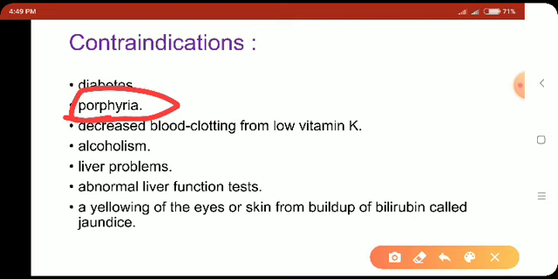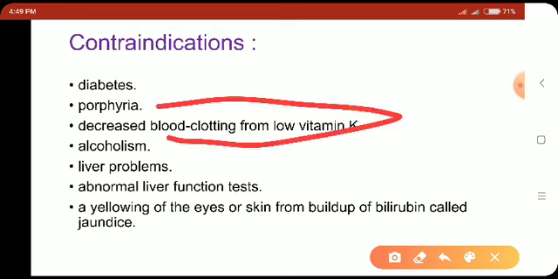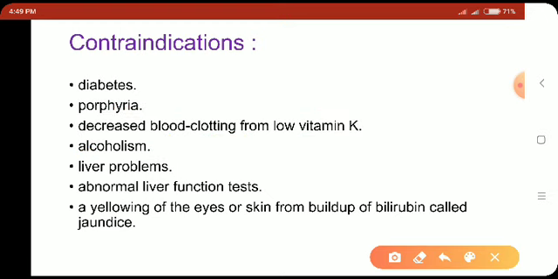Okay, then decreased blood clotting from vitamin K, in that patient this drug is contraindicated. Then patient who consume alcohol, in that patient this drug, means rifampicin, is contraindicated.